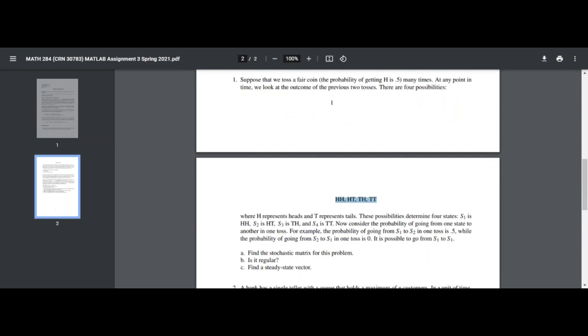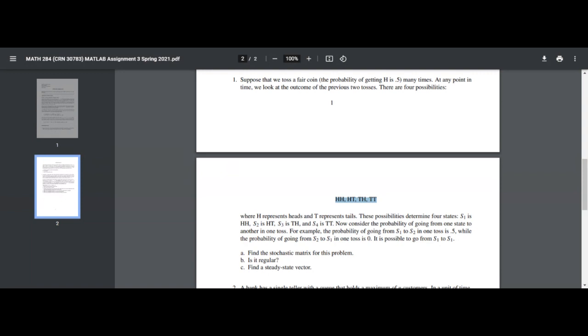You could have a tail followed by a head, TH, or you could have 2 tails, a TT. And we can think of these as states. State S1 is HH, state S2 is HT, and so forth. Now, we would consider the probability of going from one state to another in one toss.